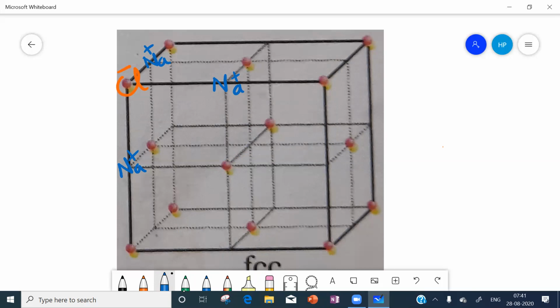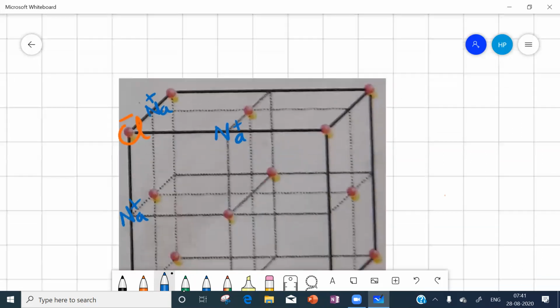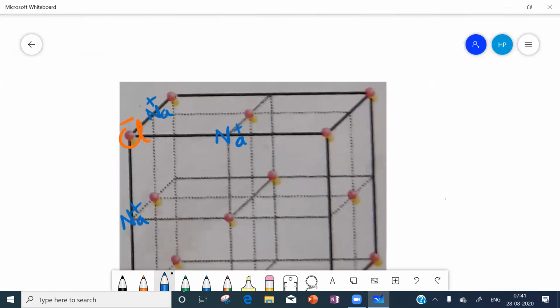So its nearest neighbor is the edge center Na+, we said. Then we will continue here. We will continue like this. For Cl-, what is the nearest neighbor? Na+.